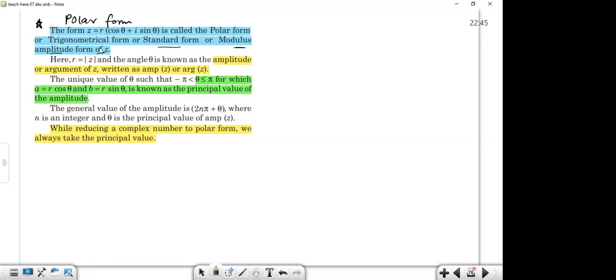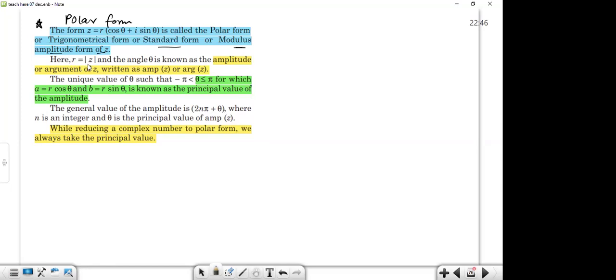All these are different names of the same form. So you have to remember all the names. So if any particular name is used in your exam, then you might relate what the examiner is asking from the examinee.